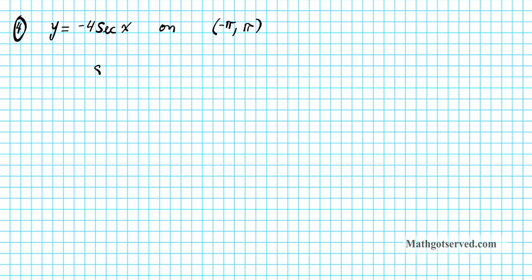Now secant, we know secant x is related to cosine by reciprocation. So secant x is equal to 1 over cosine x. This is one of your reciprocal identities. So what we're going to do first is graph the cosine function, and then graph the asymptotes and generate our secant function from there.